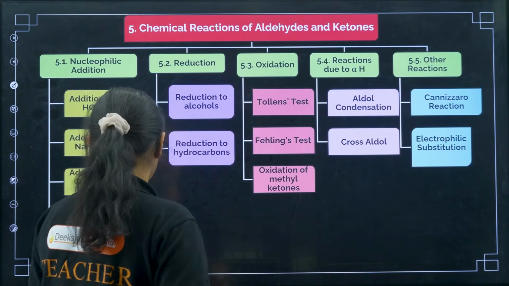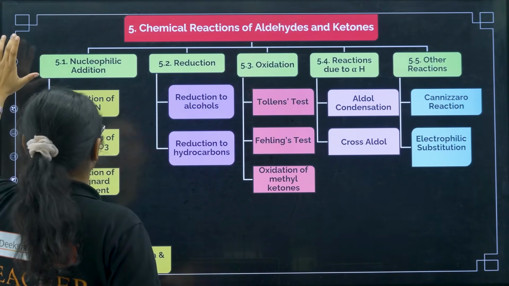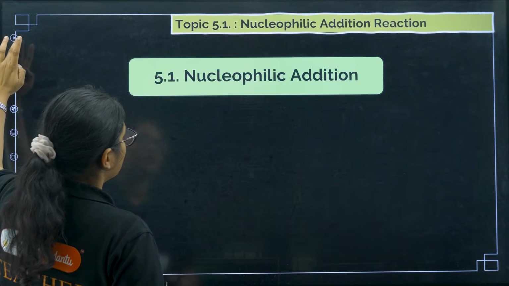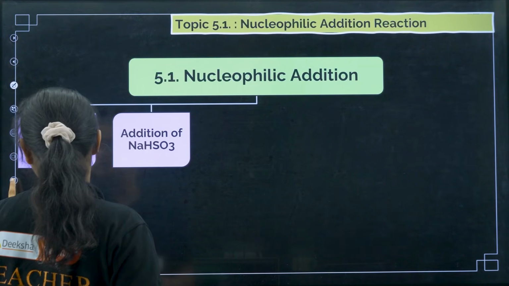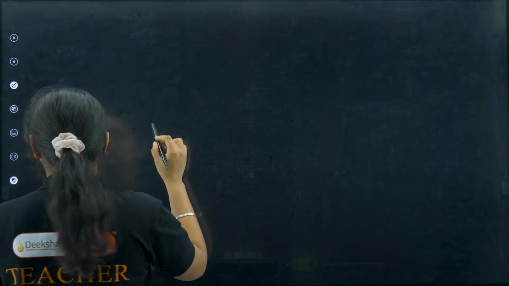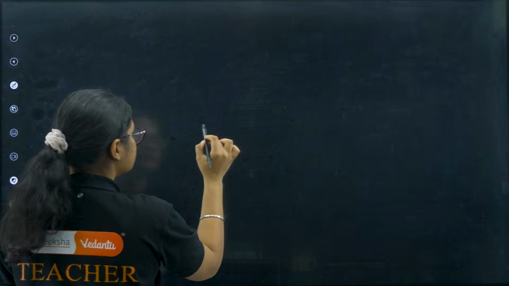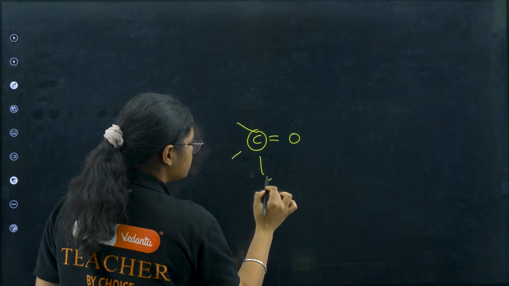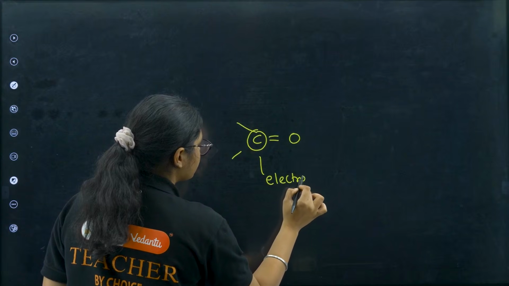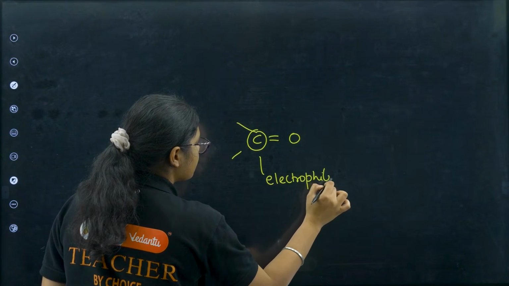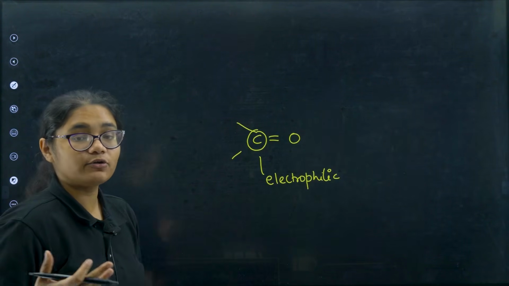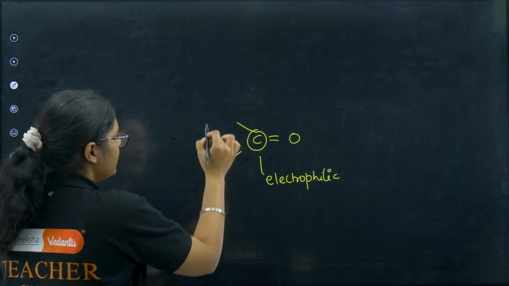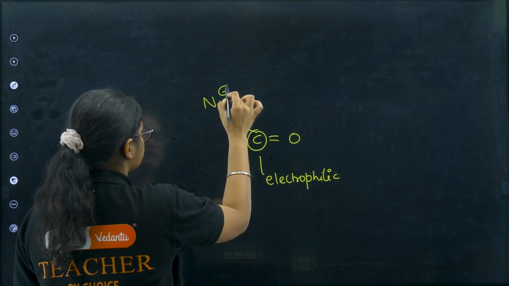Now coming to nucleophilic addition reaction. As I have already told you, this group is the carbonyl group, right? This carbon is electrophilic in nature. If it is electrophilic in nature, then definitely a nucleophile will attack this one.